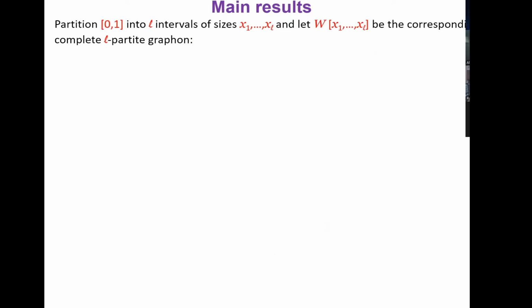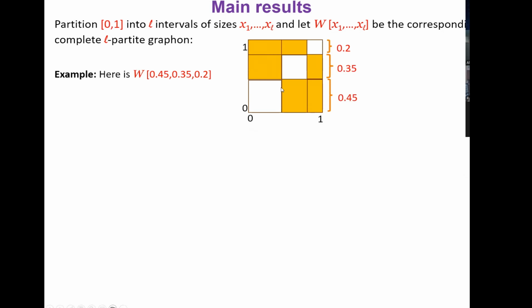I want to talk about a special type of graphon, what is called an L-step graphon or an L-partite graphon. So partition [0,1] into L intervals of sizes x1 till xL, and construct the following graphon, best explained by a picture. Everything is 1 except the diagonal boxes, so they are 0. So you see that everything it induces is always a complete partite graph.